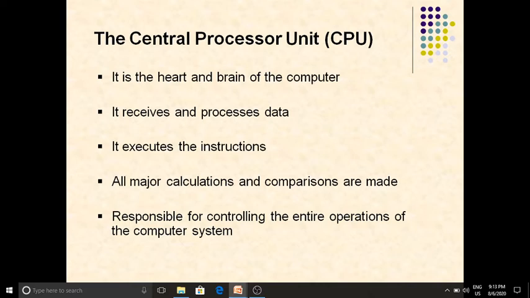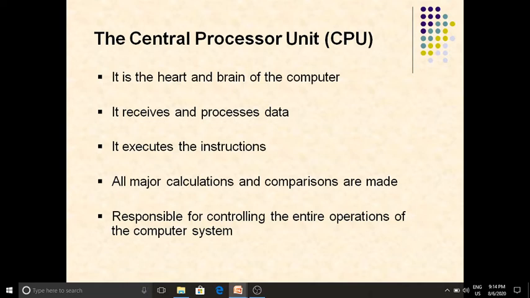You can enter the input from the input devices and display the output on the monitor, but actual processing is done in the CPU. Without the CPU nothing can be done in a computer system. So all the calculations, comparisons, execution of the instructions and controlling of the systems, connections of the systems also can be controlled by the central processing unit.